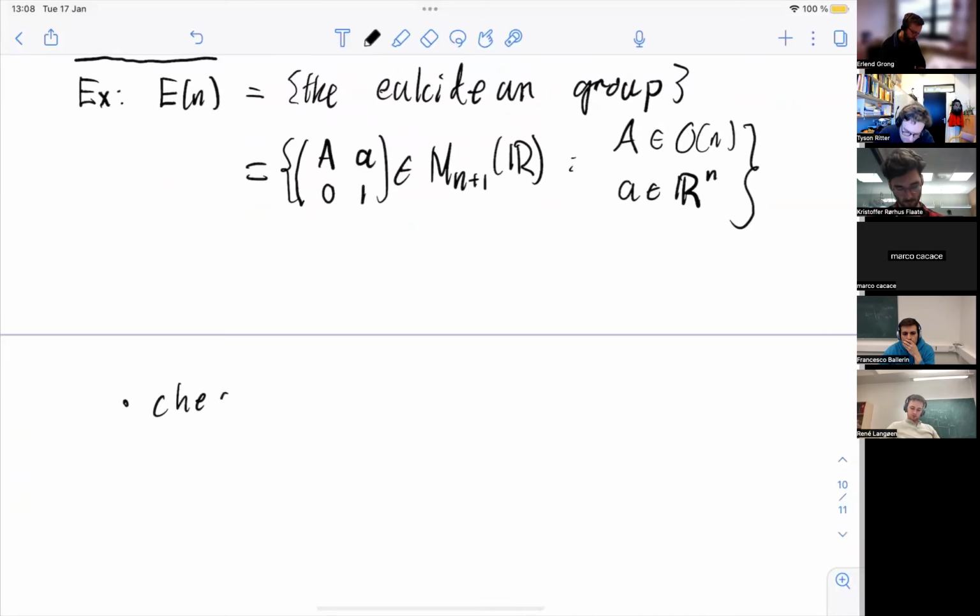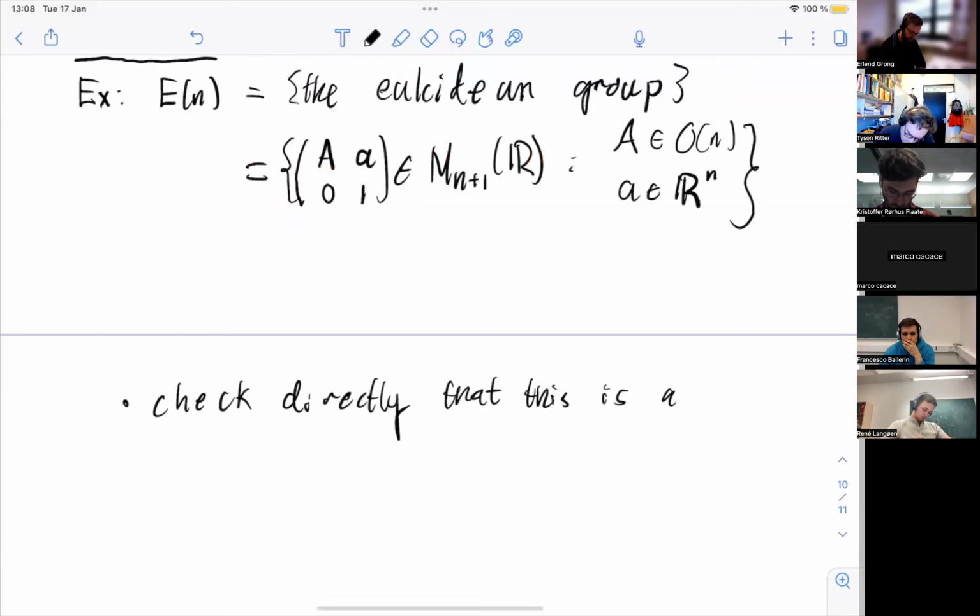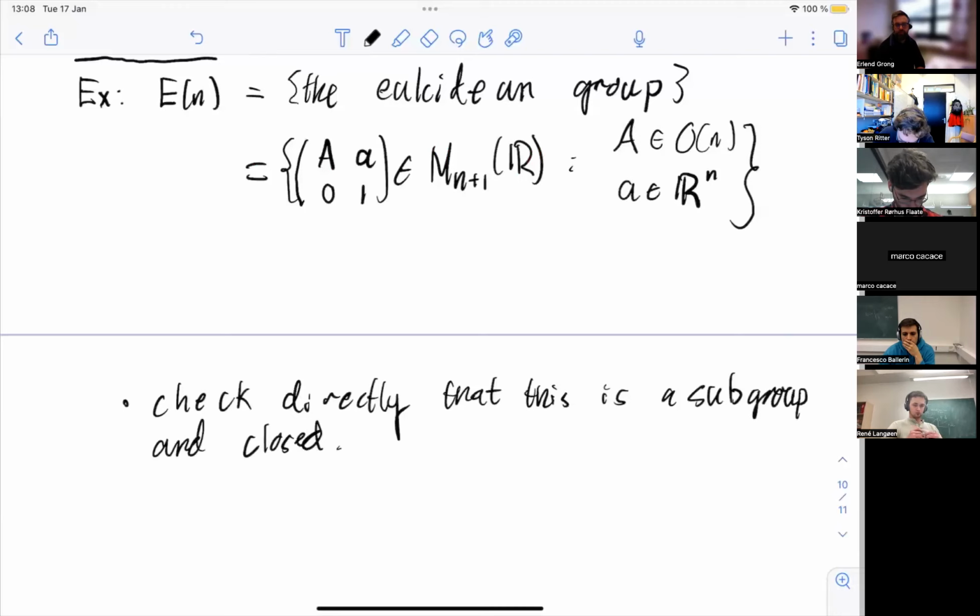You can check directly that this is a subgroup and closed. I won't go through this again, but it's again checking that if you have a matrix that satisfies the defining equations, the limit can't escape it either.